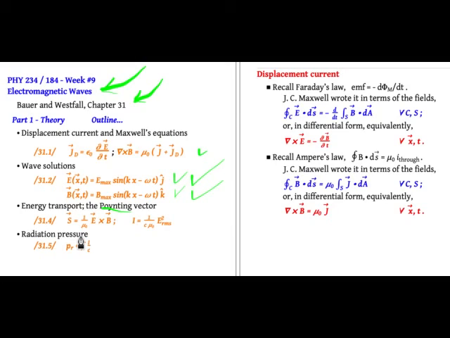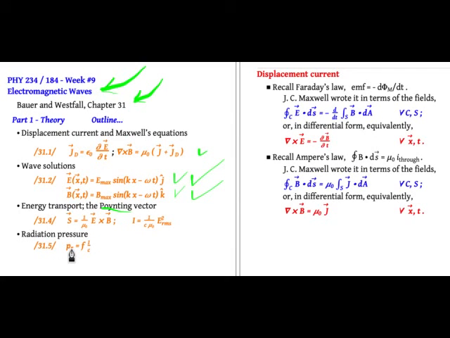Light exerts a force on anything that it lands on. Light hitting a surface, not a transparent surface, but an opaque surface, exerts pressure. It exerts a force per unit area.